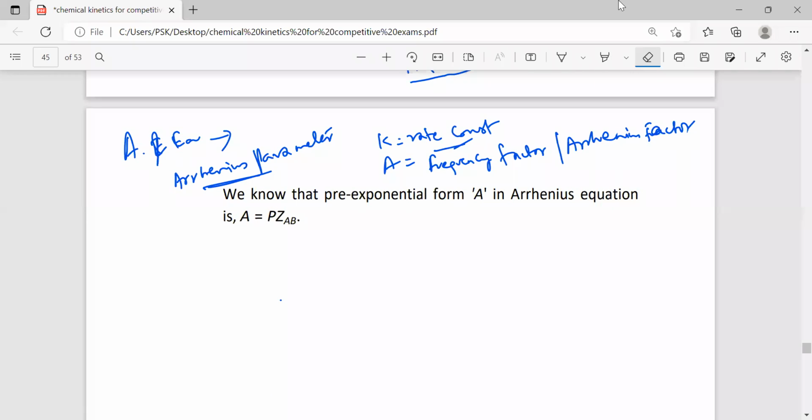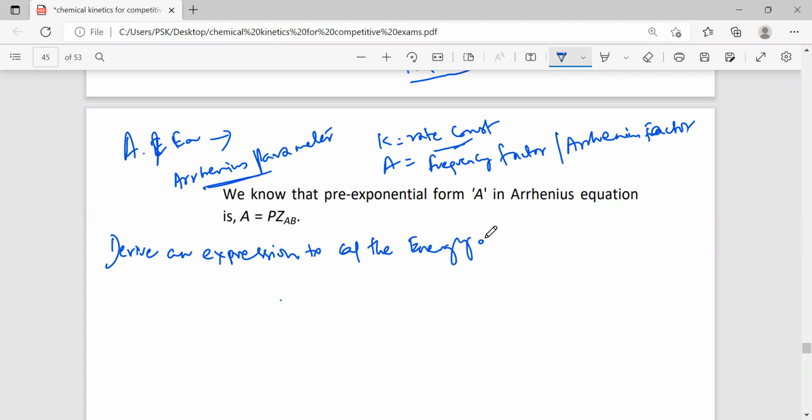The question can be asked like this: derive an expression to calculate the energy of activation at two different temperatures.